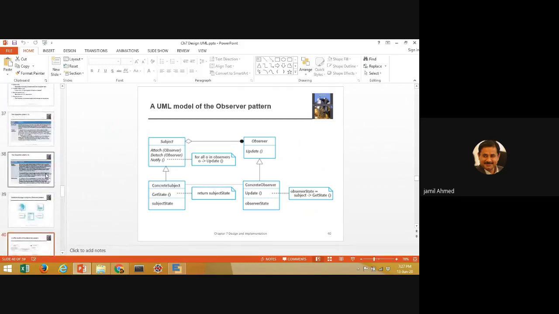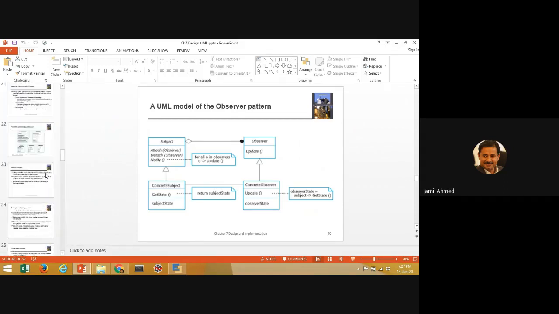We will see the other diagrams from the more real slides as well.